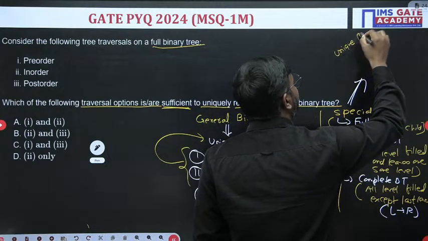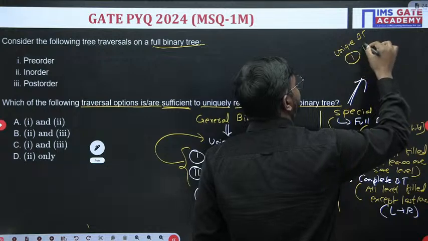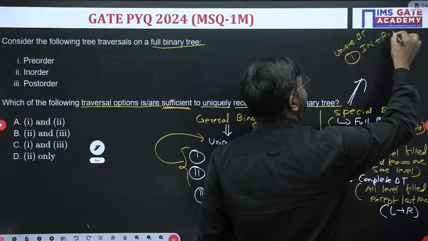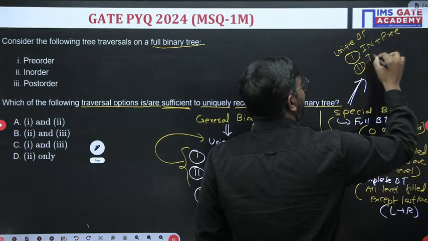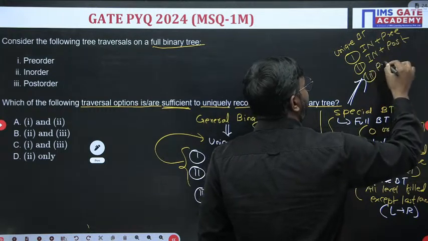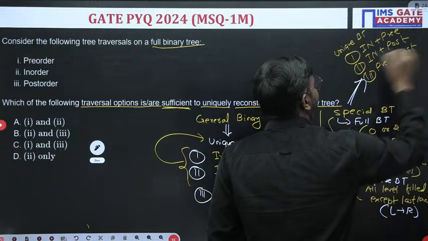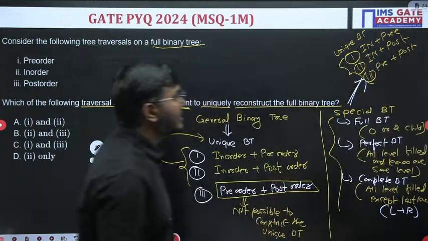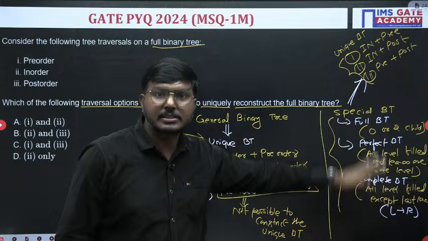So a unique binary tree is possible when in-order is given along with pre-order, in-order along with post-order, or pre-order and post-order are given. In all these three ways I can construct the unique binary tree for this special tree.